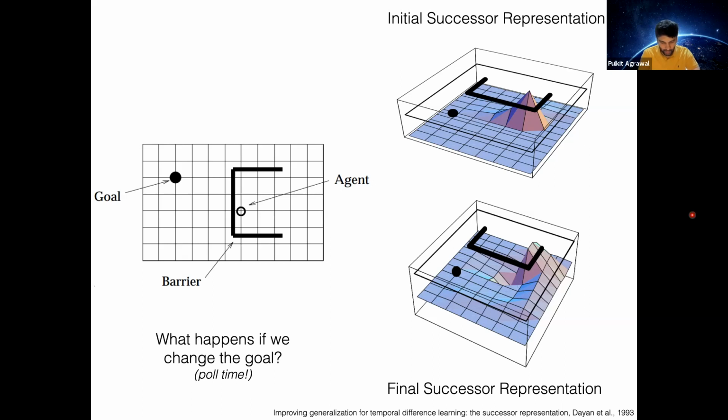I want to launch the poll. And the question is, if we change the goal location, would the successor representation help in quickly adapting the policy? And there are three options. So let's think about it for 30 seconds. And I encourage everyone to answer.